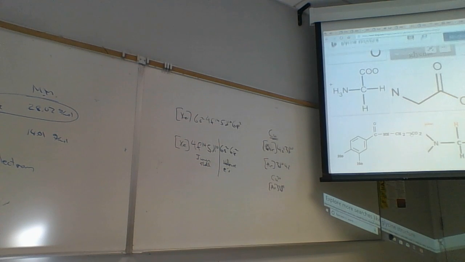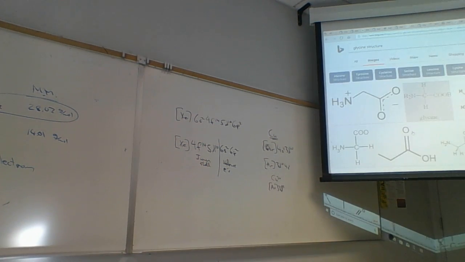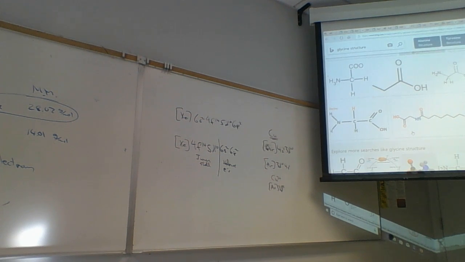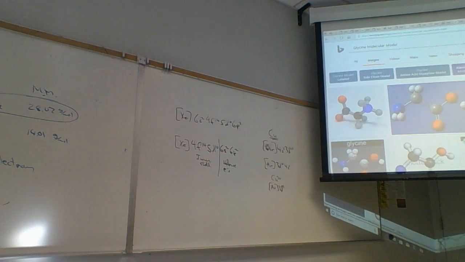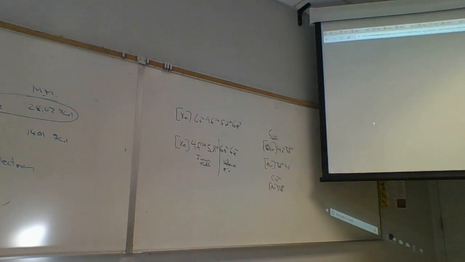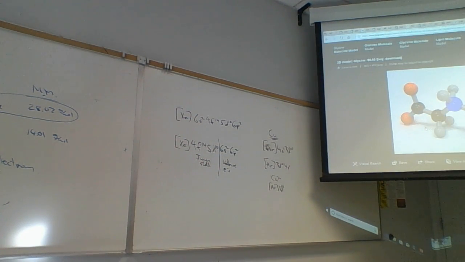When we look at glycine, is this glycine? No, this is the protonated form of glycine here. There would be one hydrogen missing here. And so this is the glycine cation. It has an extra hydrogen here.